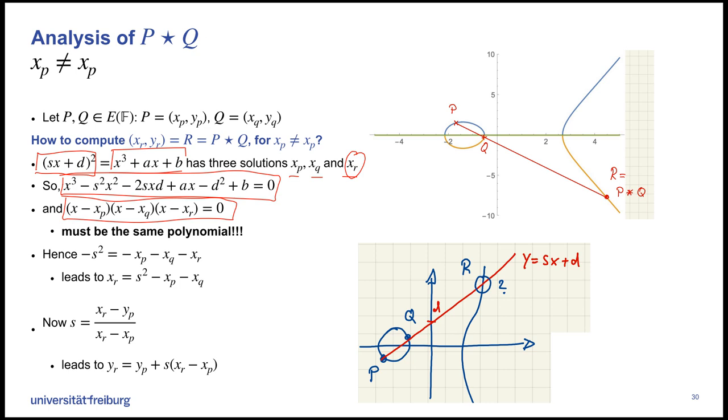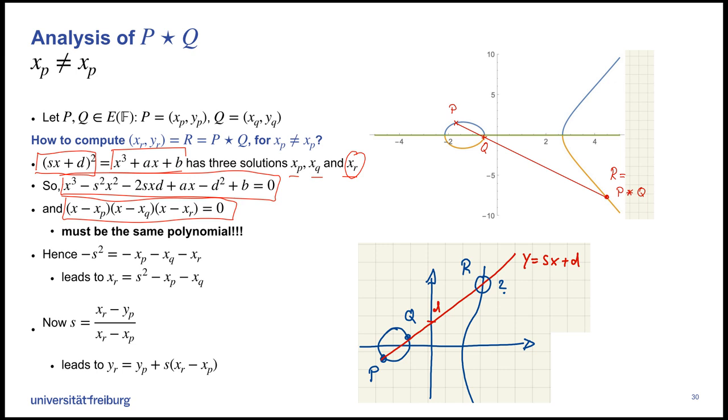That should be the same polynomial because it has the same solutions and the same factor in front of x to the third power. So they should be exactly the same. Two polynomials are the same if the coefficients are the same.